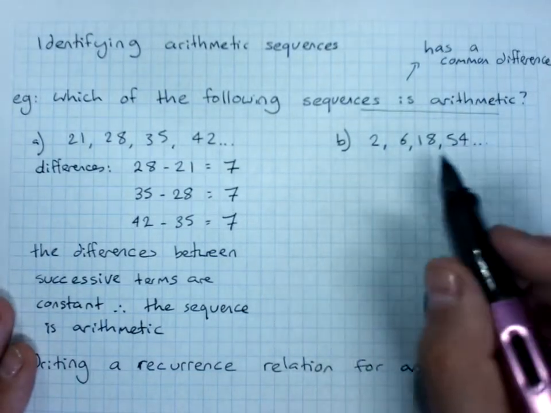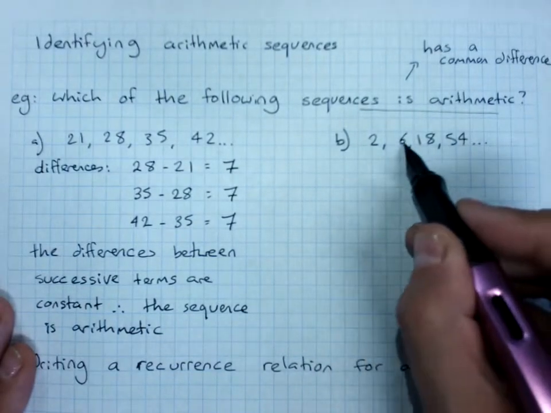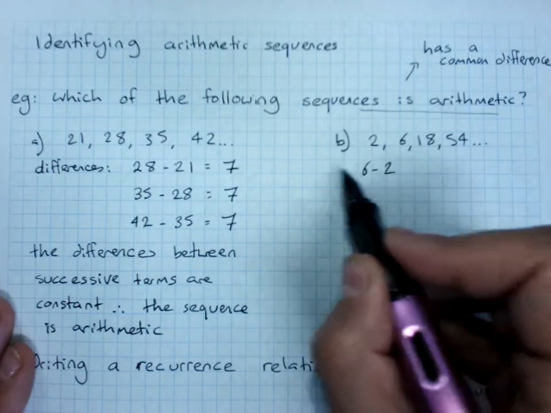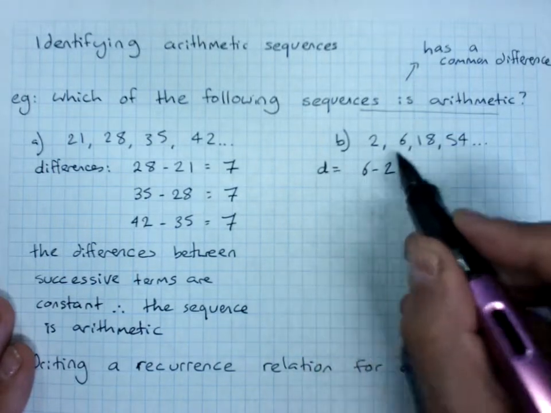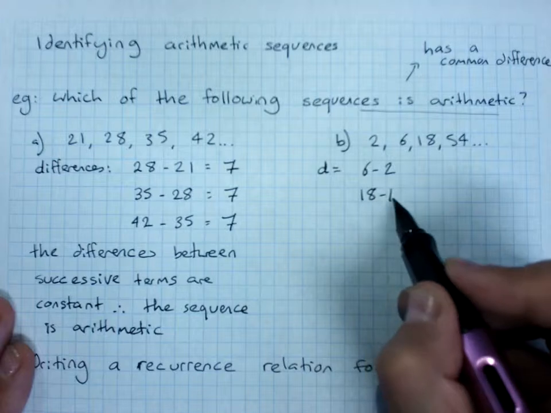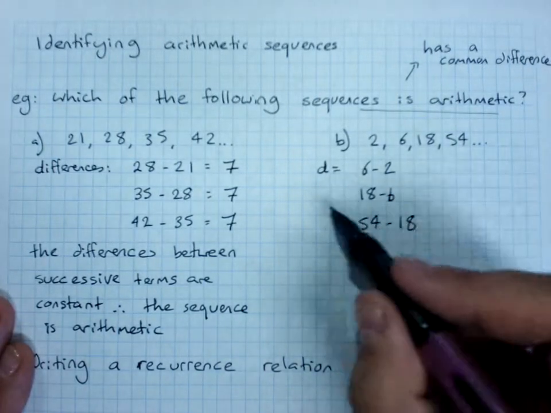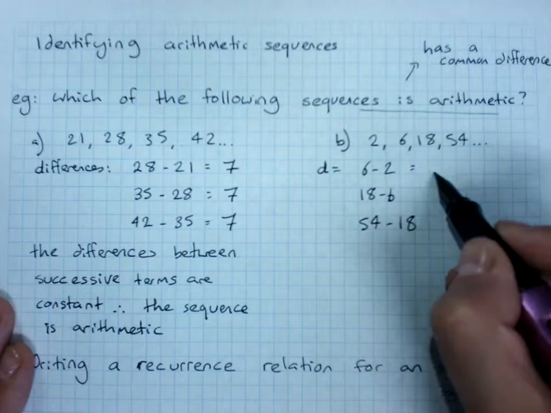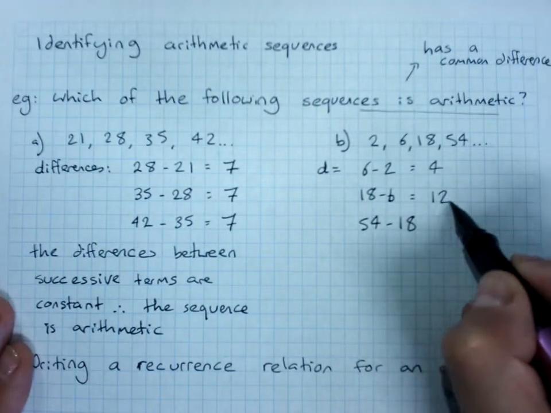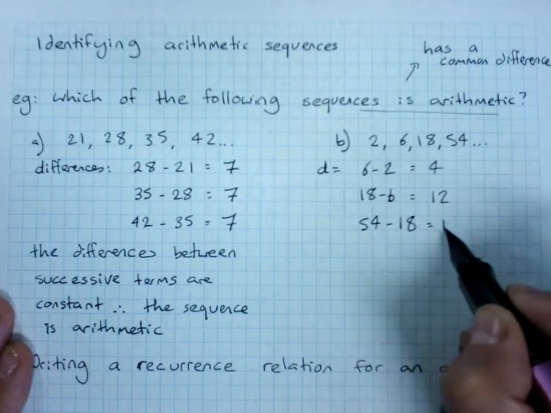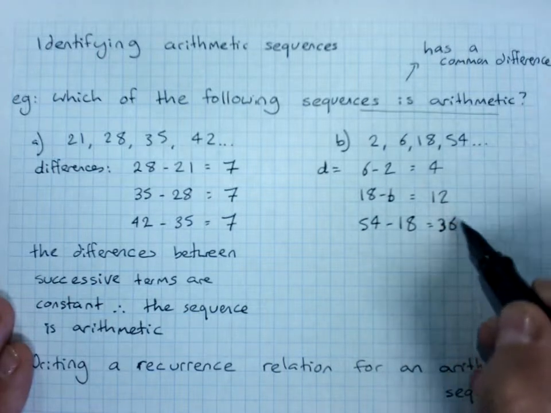So this one, we check the differences. Second minus first, 6 minus 2, okay, difference is 4. 18 minus 6, 54 minus 18, and this is not looking good. There's no common difference.